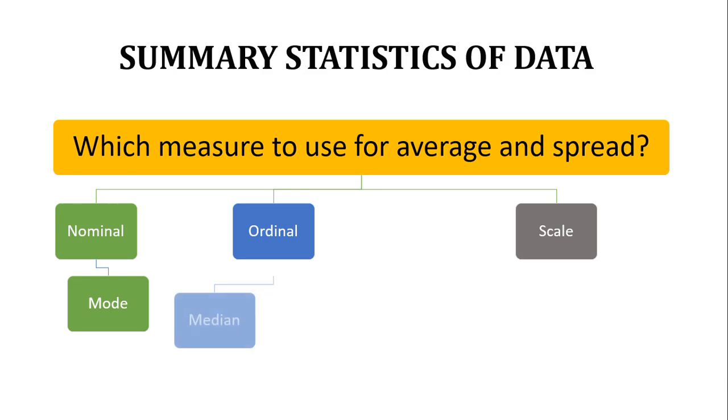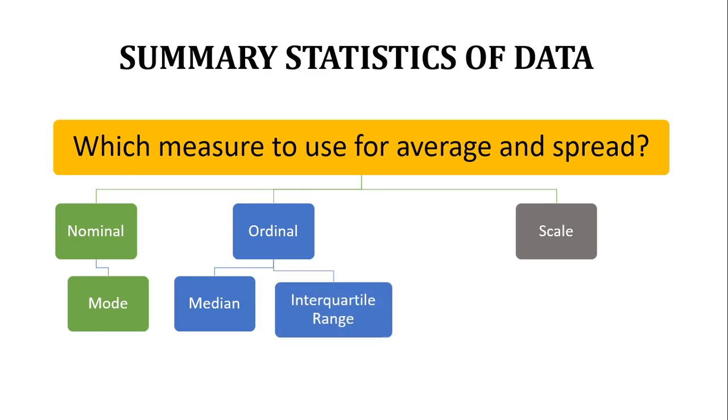If your data is ordinal, then you have to calculate the median or interquartile range. You should not calculate the mean in either condition, nominal or ordinal data. In case of nominal data, only mode you have to calculate. In case of ordinal data, you have to calculate median or interquartile range.